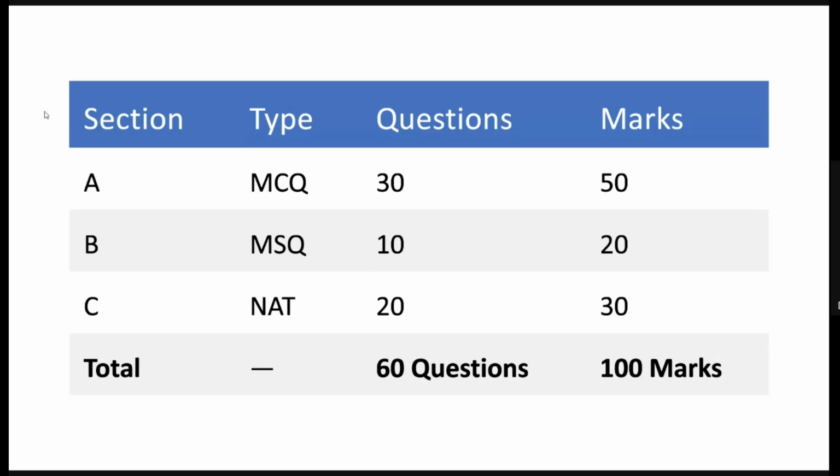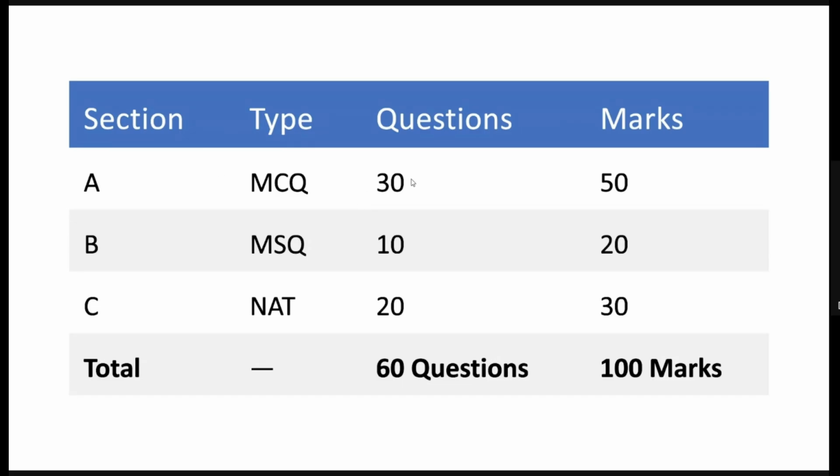So this is a section, as I was saying, JAM has 3 sections. This is for 2026. For 2027 it is not up yet, but it does not change much. You can expect that this question structure is going to follow for 2027 also. For section A, you will have MCQ questions.